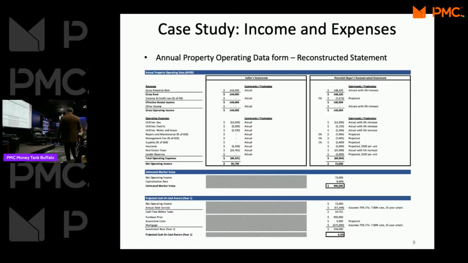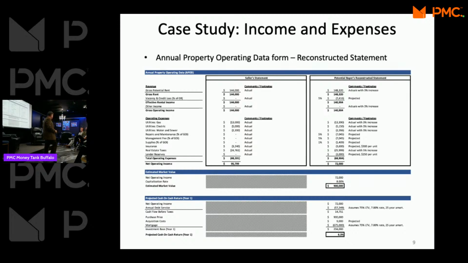Let's just assume that we're going to take title in January 2026 of this asset. Okay, so I want to be able to match my income with my expenses for the same time frame. Okay, I don't want to show income for 2 years from now and expenses from last year.